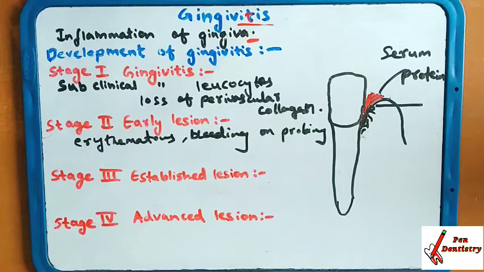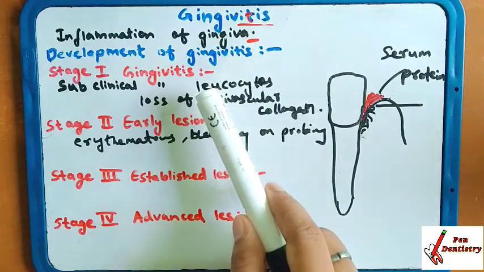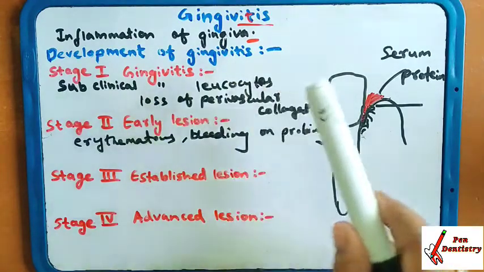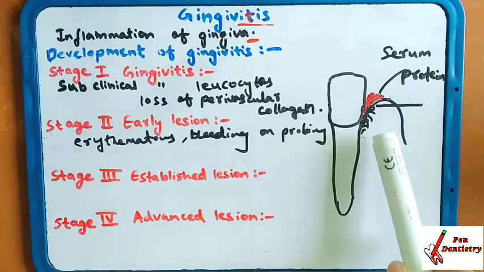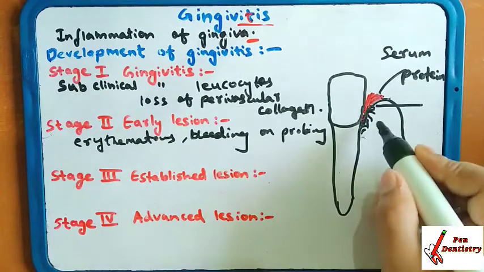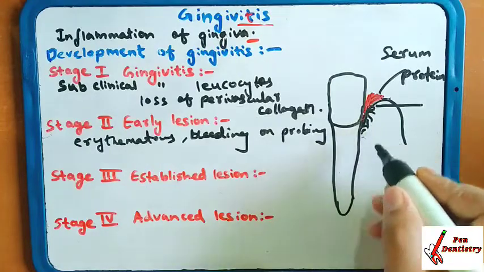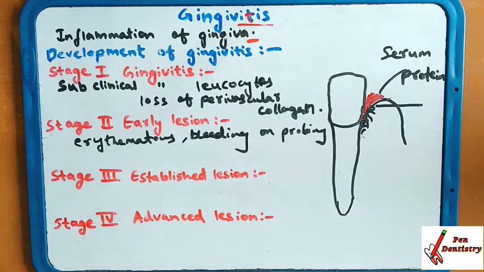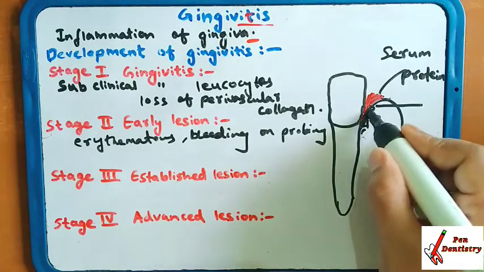The microscopic changes seen in the initial lesion will continue in the second stage. Here the junctional epithelium may begin to show development of rete pegs. There will be rete pegs present at the junctional epithelium.